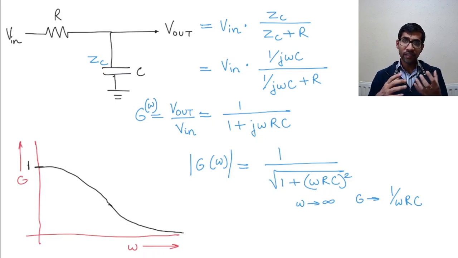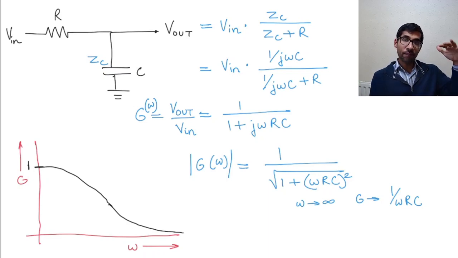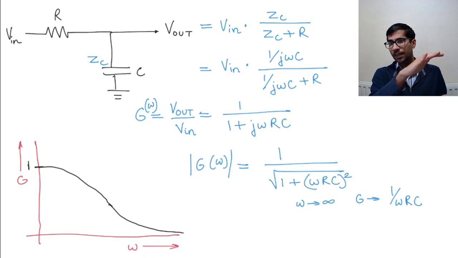Can you see how this particular circuit is able to remove the high frequencies? It's not completely removing them, but it's reducing their amplitude while keeping the amplitudes of the low frequency signals at a certain level, or keeping them the same. So here's one of the first frequency filters that you have studied.